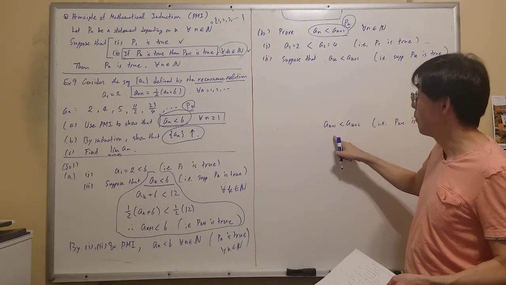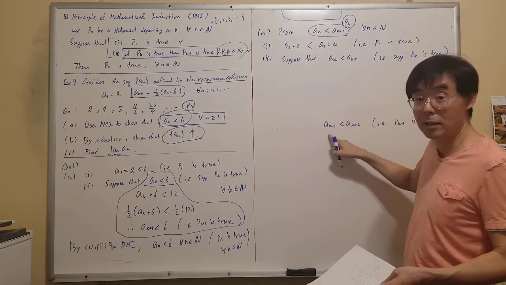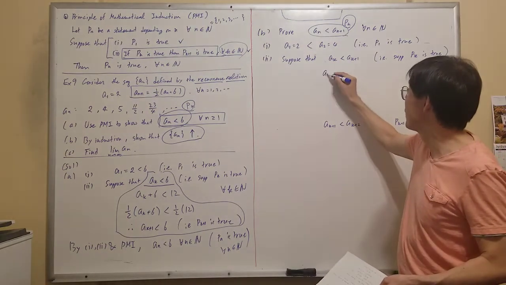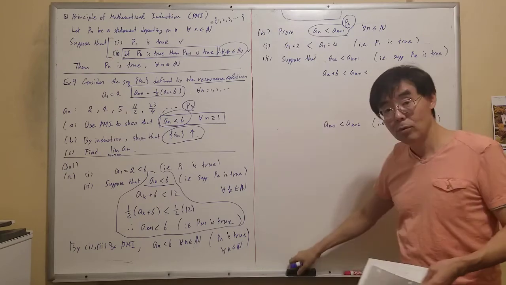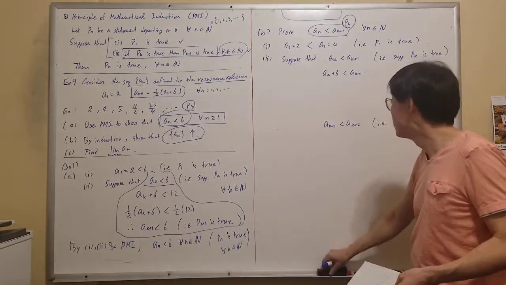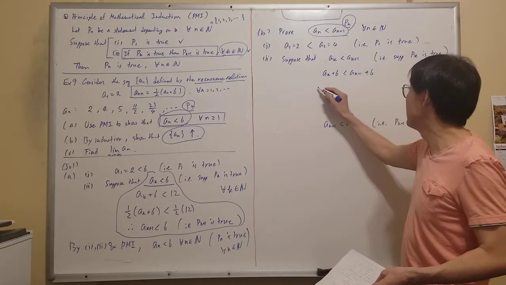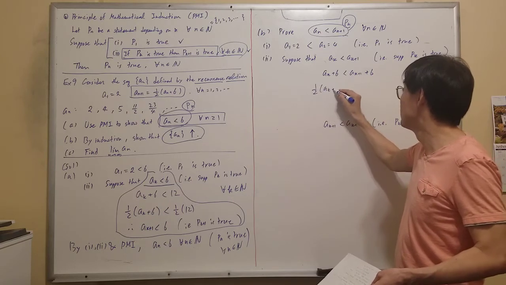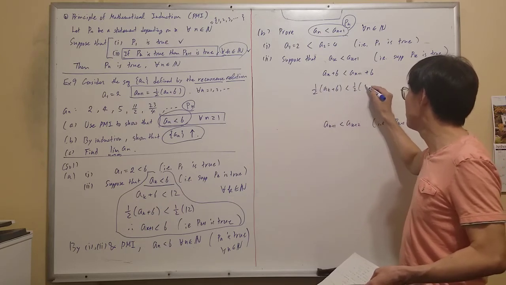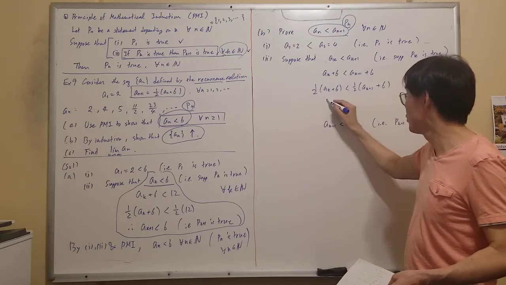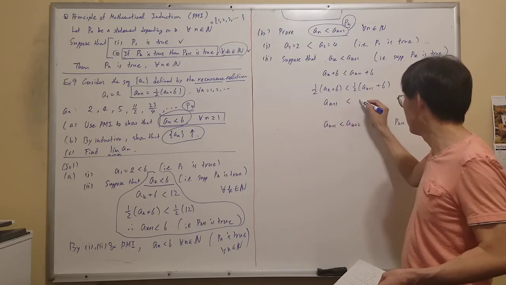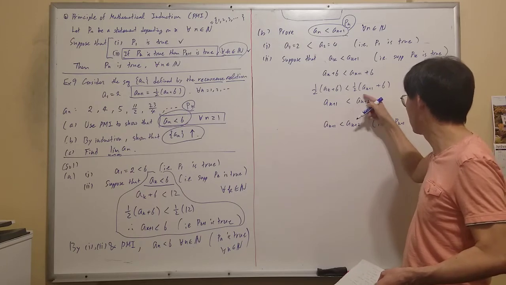How do we get from here to here? Well, just like before, add 6 to both sides. Then we still keep the same direction. And then take 1/2 of both sides, multiplying both sides by a positive number, 1/2. That is precisely ak plus 1. This is ak plus 2.